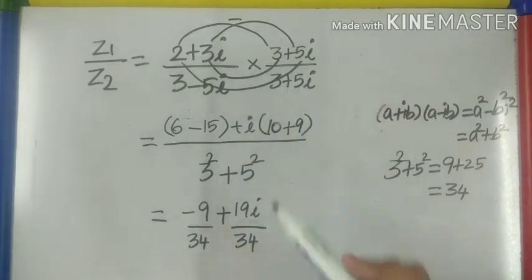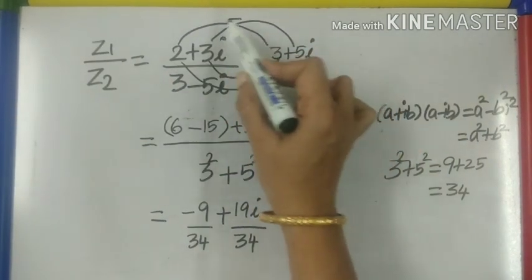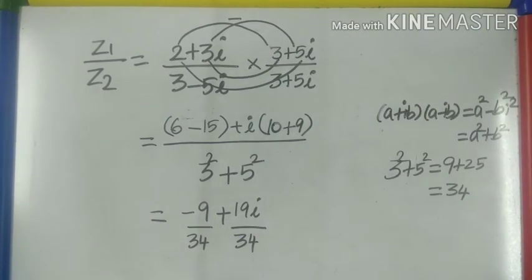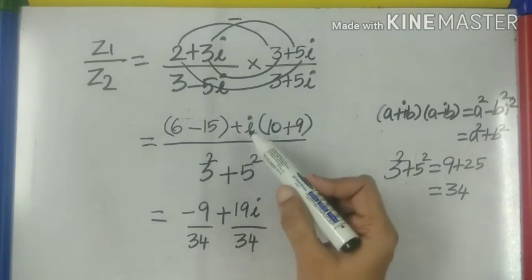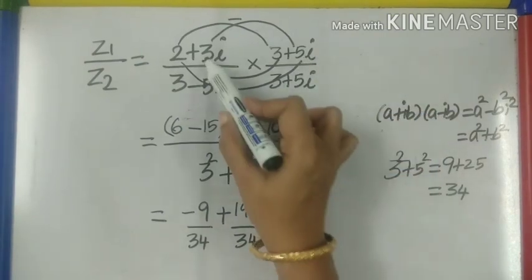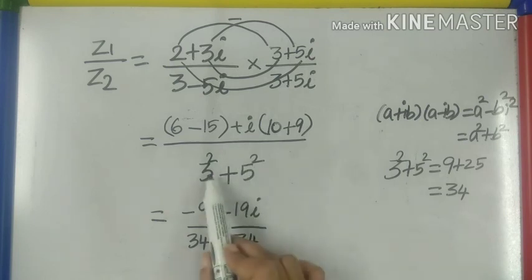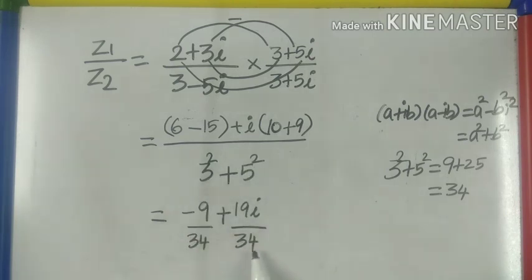The numerator, you can apply any of the product methods. So here I have done real and real minus imaginary and imaginary plus i into real and imaginary plus imaginary and real. As I simplify, put the denominator separately so that this is the real part and this is the imaginary part.